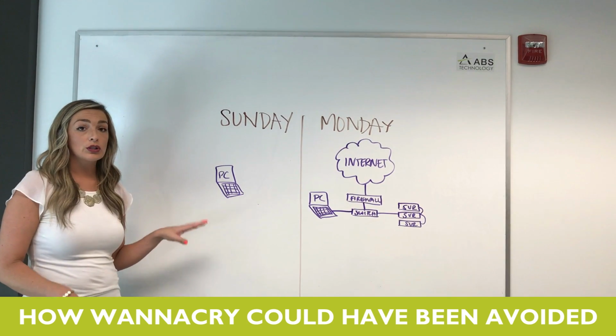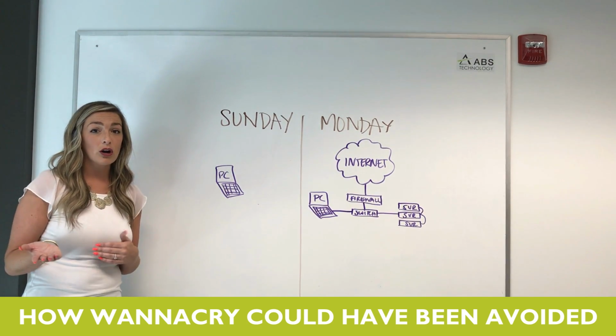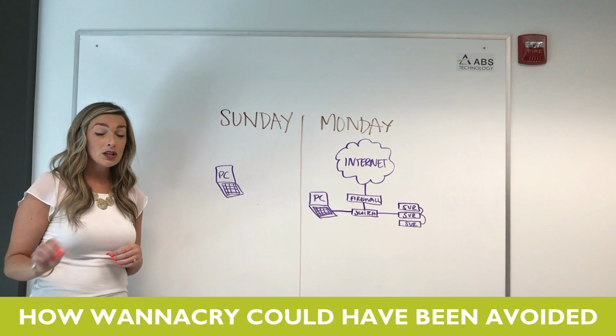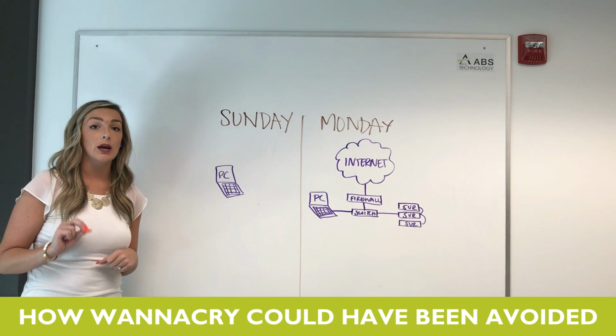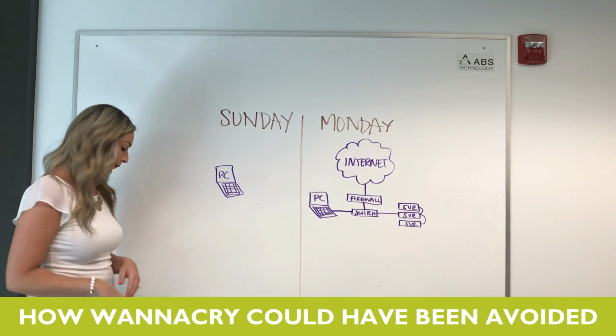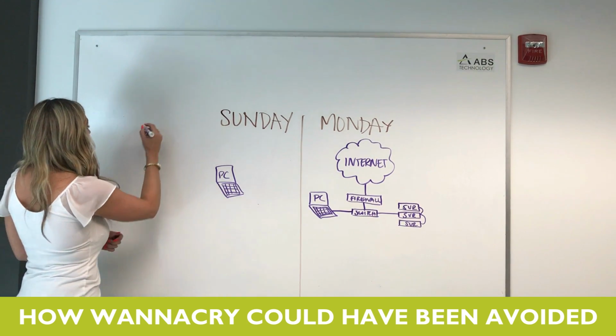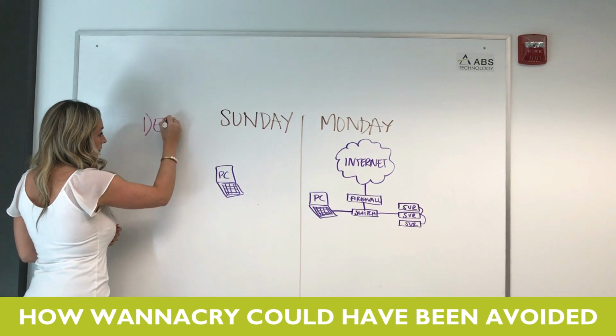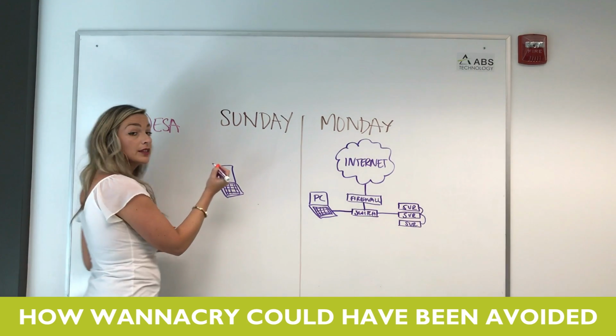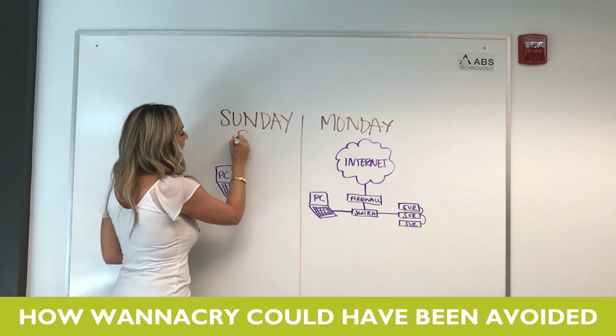Now, this is where our first solution is going to come into play. As you might recall, I said ransomware is going to come in through email, so we're going to recommend an email security appliance, also known as an ESA. This is what an ESA will look like.